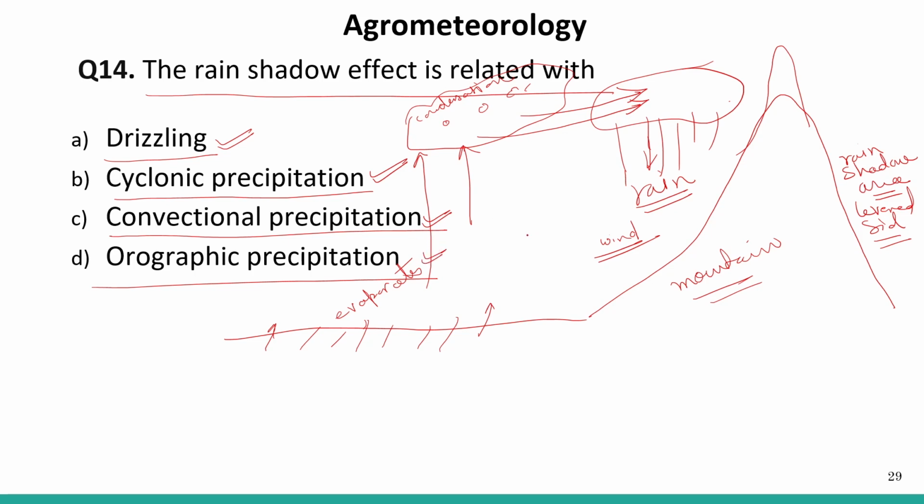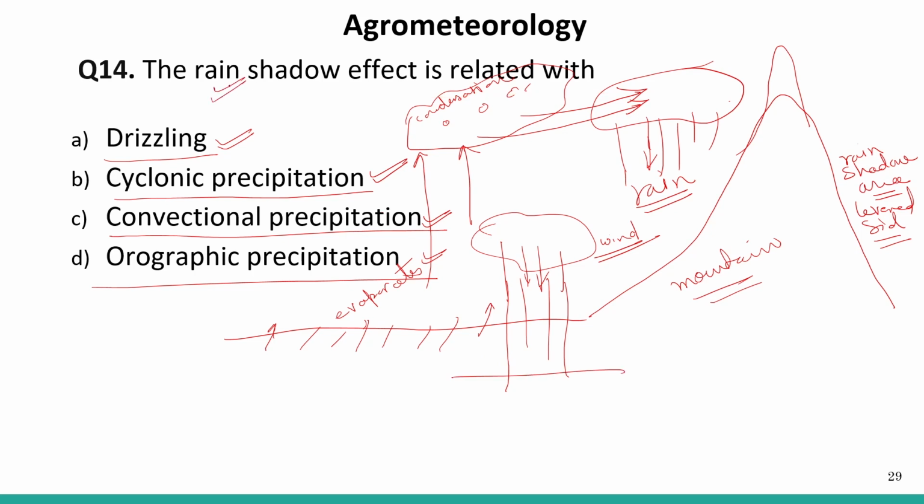So the convectional precipitation, what happens is the water vapor rises up, it forms the cloud at that place only, and it also brings the rain in that place only. So there is no formation of rain shadow area. Cyclonic precipitation: the clouds are formed at one place, wind makes them move to another place, and it brings rain there.